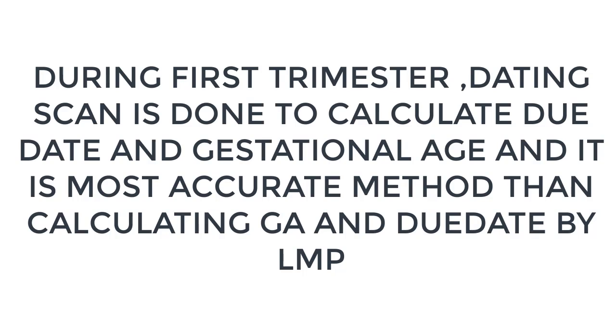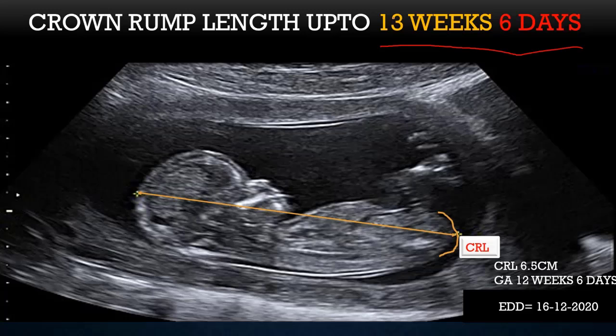So first of all, we will see how we can calculate the gestational age and due date by the dating scan. Up to 30 weeks and 6 days, the best way to measure gestational age is by using crown rump length. The crown is the head portion of the fetus and rump is the buttocks portion of the fetus.